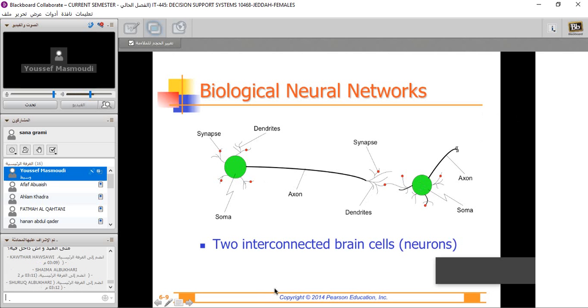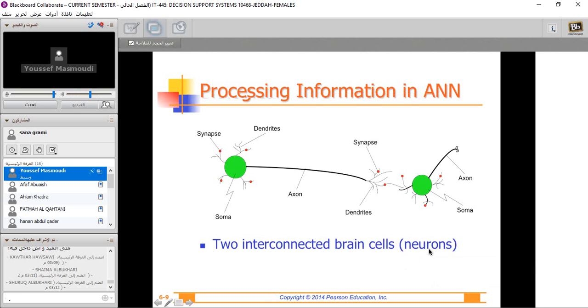So here in this picture, we have two interconnected brain cells, or we call them neurons.